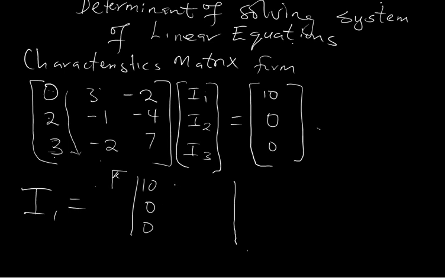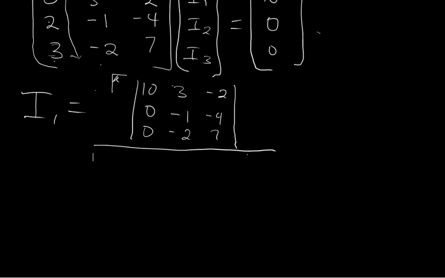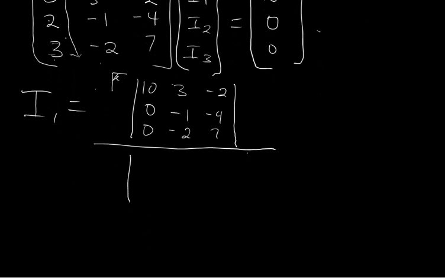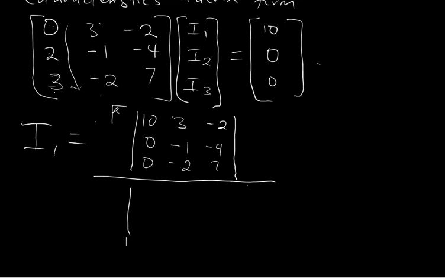I write the others the way they are. Then I divide it by the determinant of the entire coefficient matrix: 0, 2, 3, 3, -1, -2, -2, -4, 7.